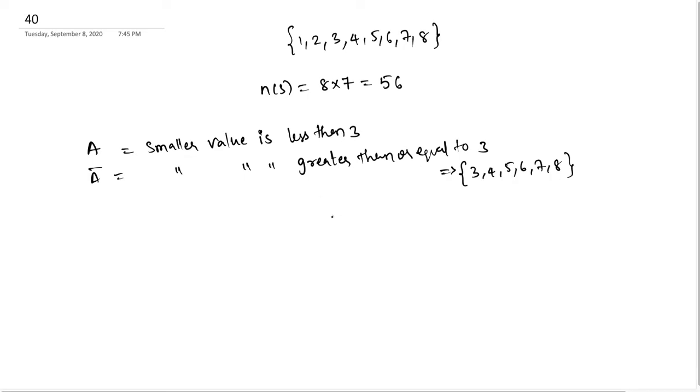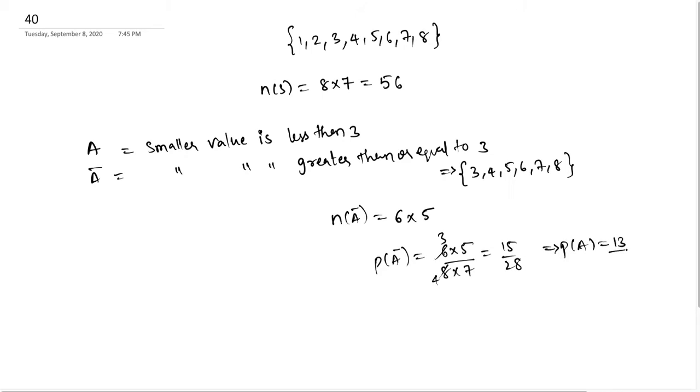Number of favorable cases for this A bar complementary is: first one has 6 chances, second one has 5 numbers, because we are selecting two numbers one by one. So P of A bar I'm going to calculate, which is 6 into 5 by 8 into 7. So 2 3s and 2 4s, that is 15 by 28, which implies P of A is 13 by 28.